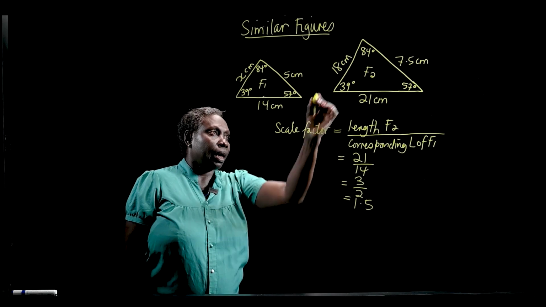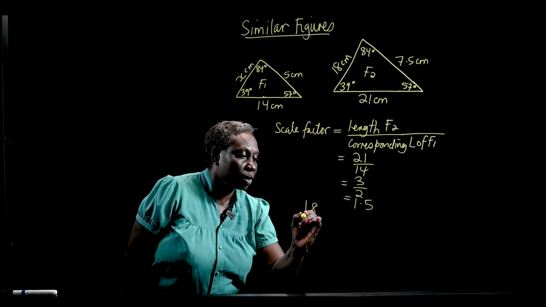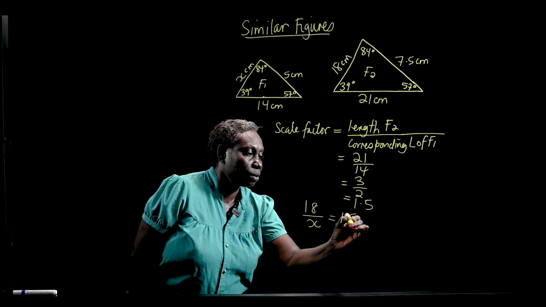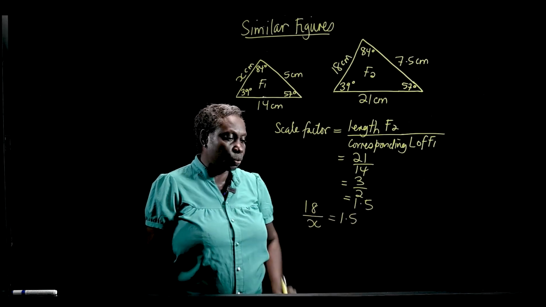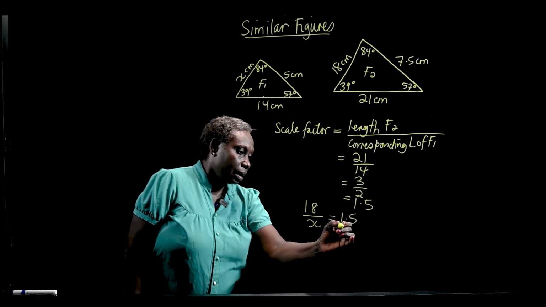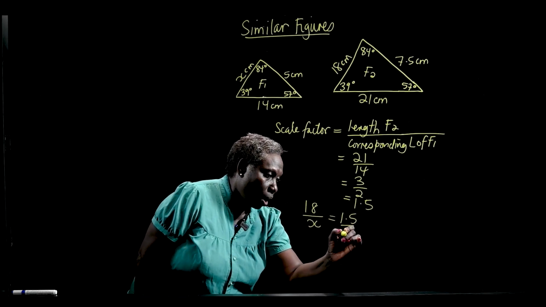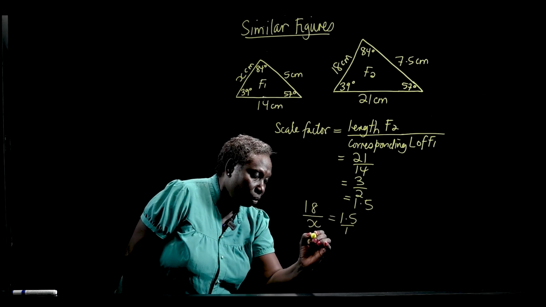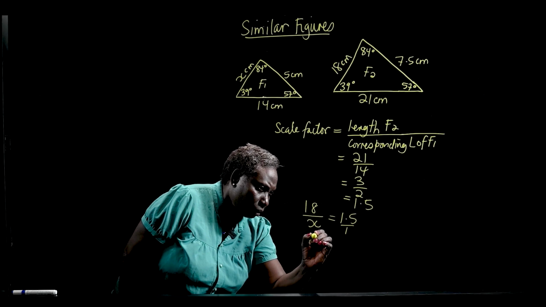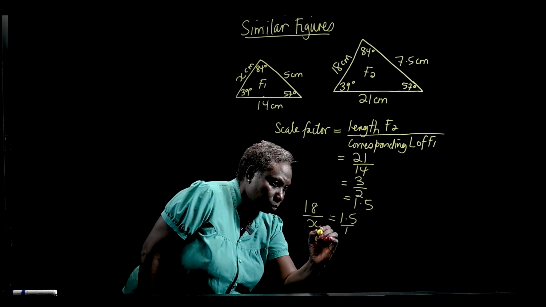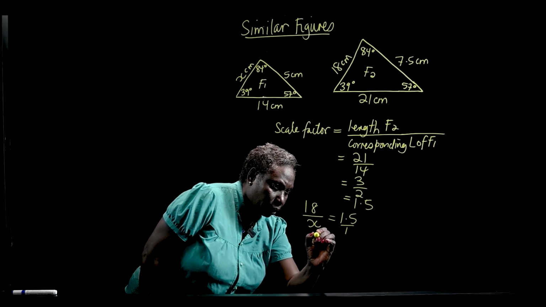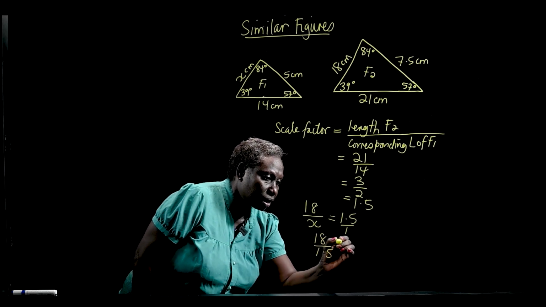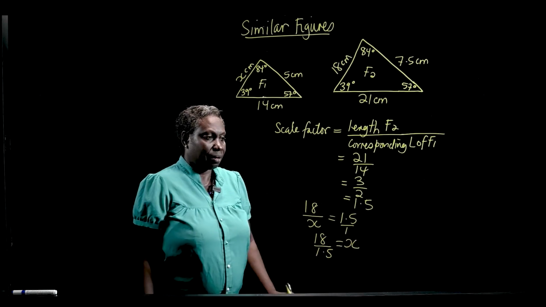So we have 18 over x is equal to 1.5. I put that over 1 so that I can cross multiply. Then we have 18 divided by 1.5 is equal to x.